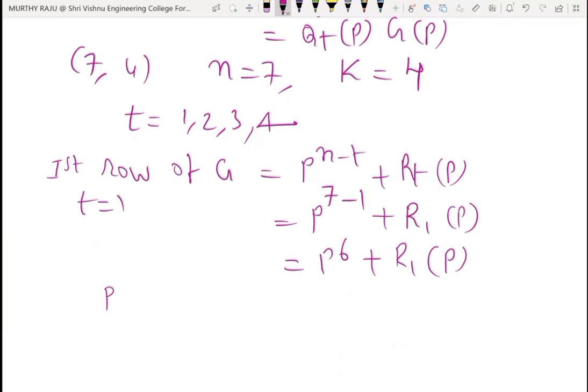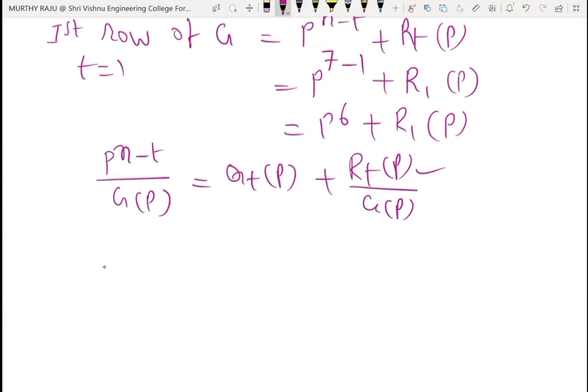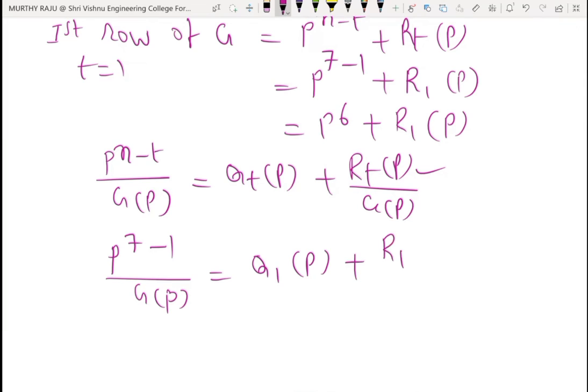Divide P power n minus t by G of P, which is equal to Q1 of P plus R1 of P by G of P. This is the remainder.